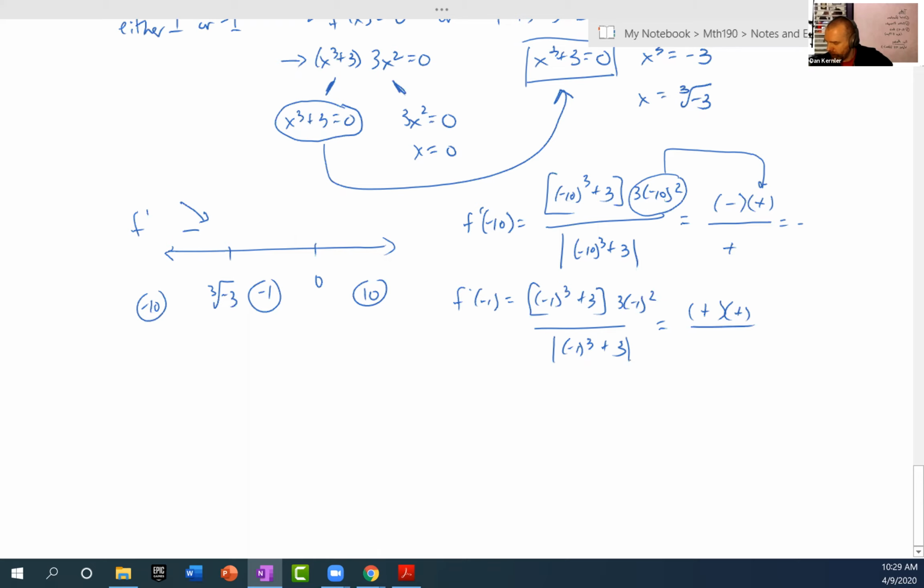And in the denominator, that's absolute value, so that's always positive. So that's positive. And I'm assuming it changes direction, maybe not. F prime at 10. 10 cubed plus 3, that's positive. 3 times 10 squared, that's positive. Absolute value of 10 cubed plus 3, that's positive. So it doesn't change sign there, so everything stays positive actually. Interesting.